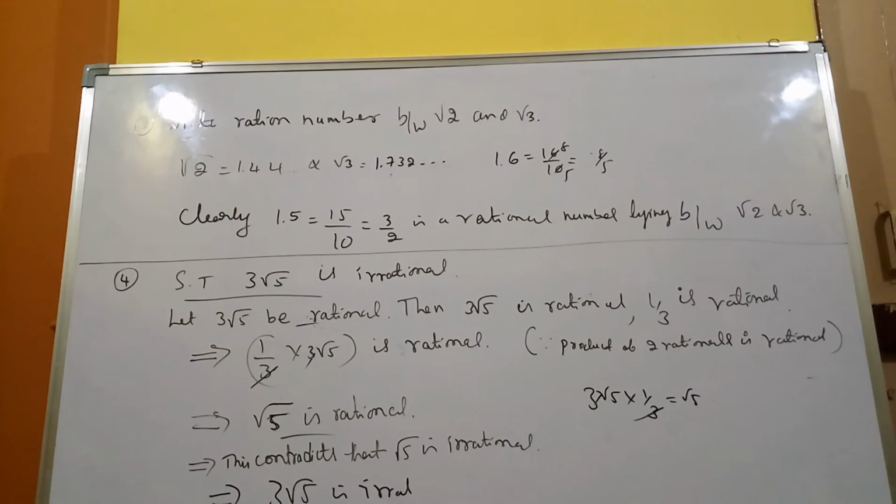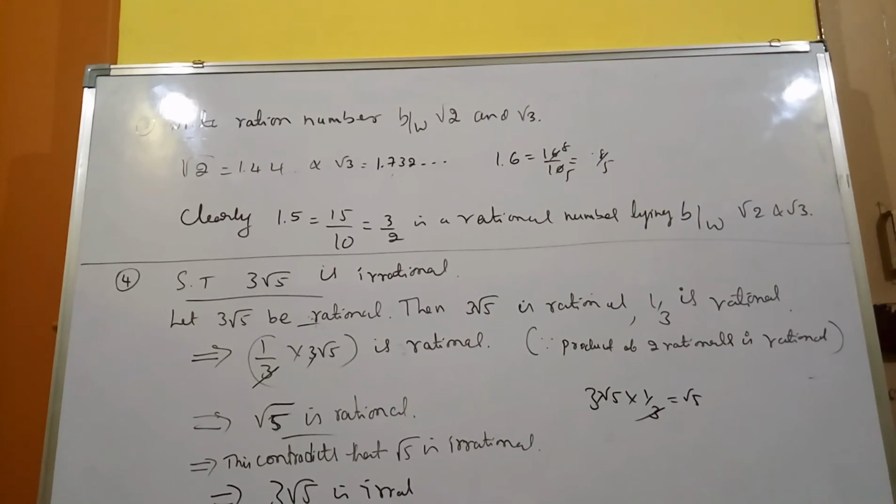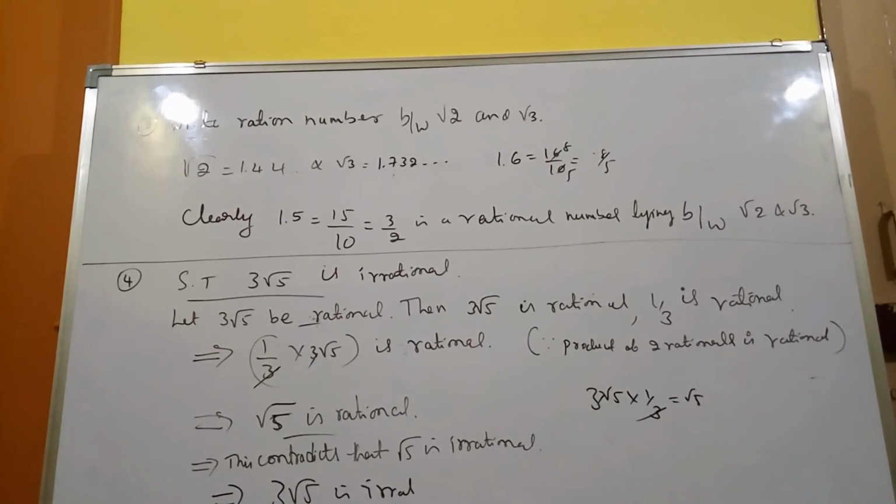Whatever points we learned, what is the summary of this chapter? We learned Euclid's division lemma, right children? We learned Euclid's division lemma, Euclid's division algorithm, the fundamental theorem of arithmetic, and non-terminating decimal expansion, and non-terminating, non-repeating irrational numbers. Is it right?